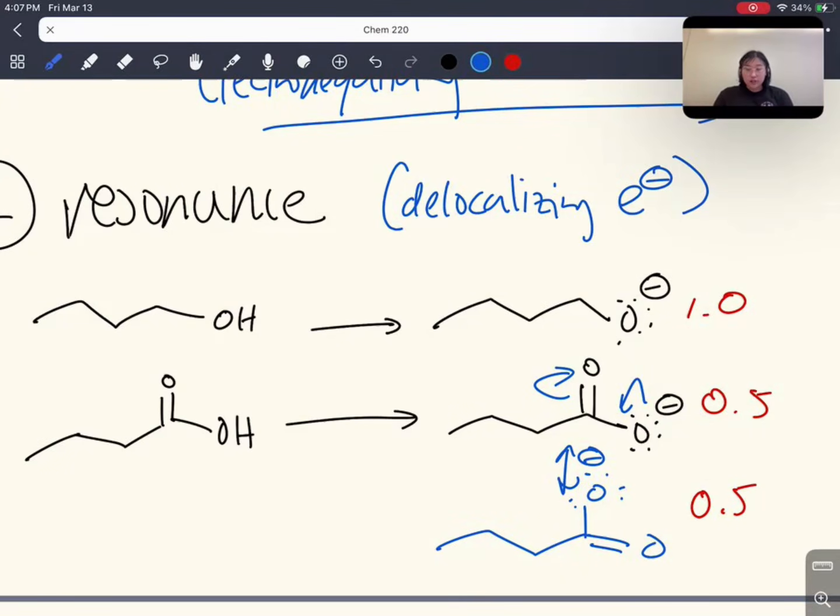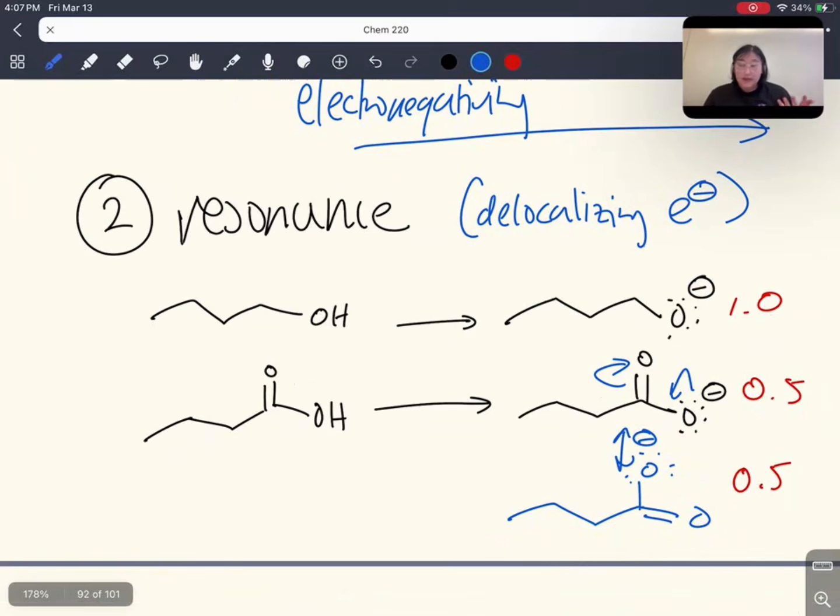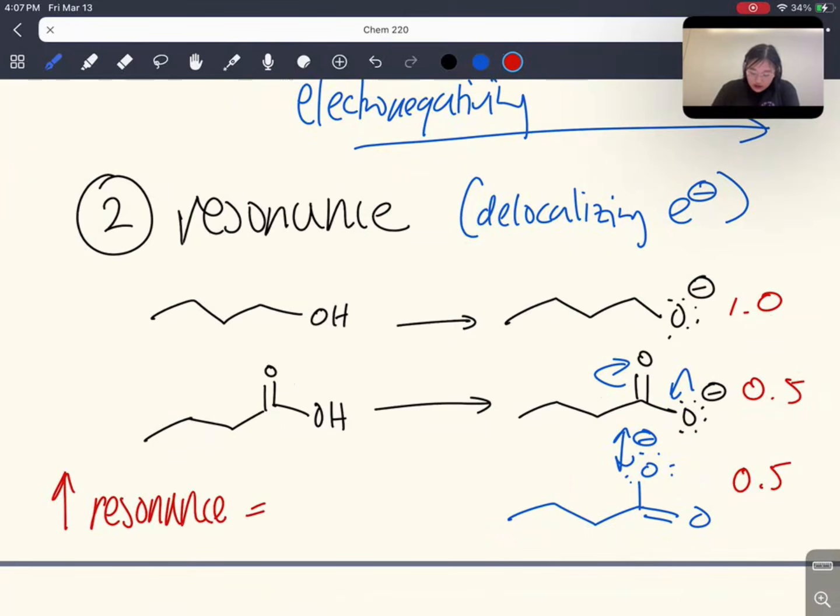Because your minus charge is able to spread out, that makes the conjugate base more stable. And if the conjugate base is more stable, your molecule is more acidic. So therefore, an increase in resonance equals an increase in acidity.